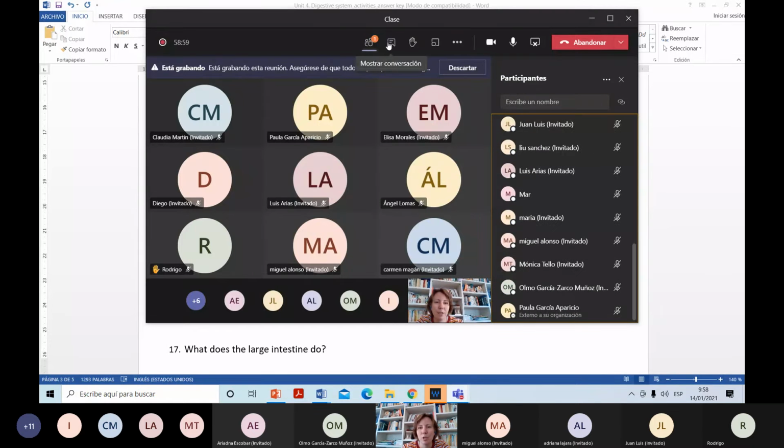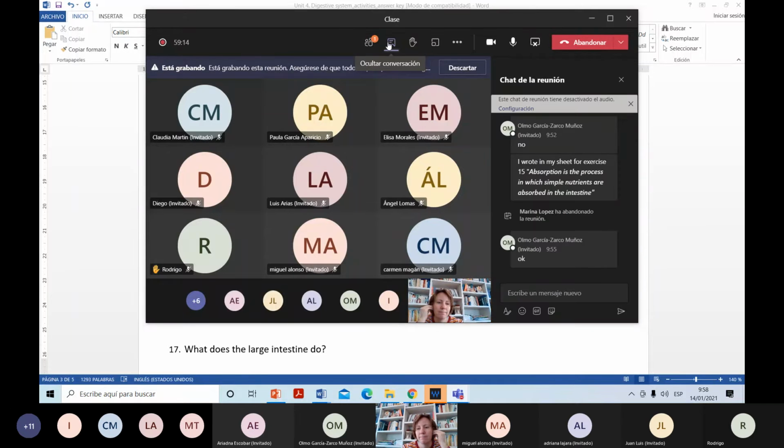Maria, Miguel, do you think that patients with no stomach can eat any type of food? They can eat, but they don't eat any type of food.